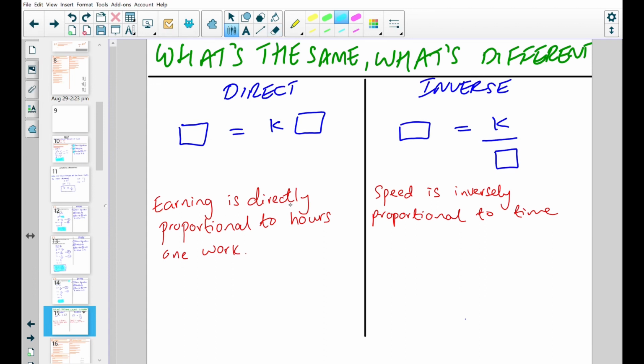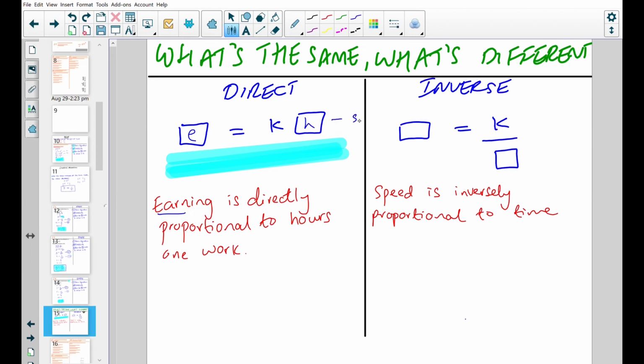The example that we looked at for F1 to F3 was earning is directly proportional to hours worked. So, when something is directly proportional, your very first line that you write would look like this. If I was to fill in the blanks, in here would go E for earning is directly proportional to hours.